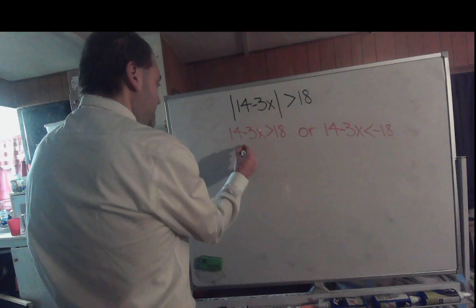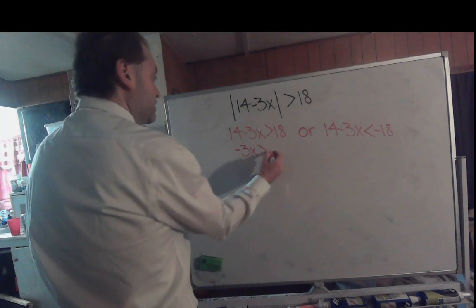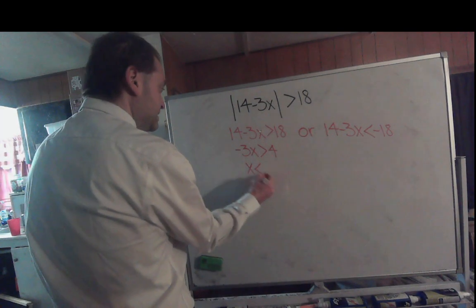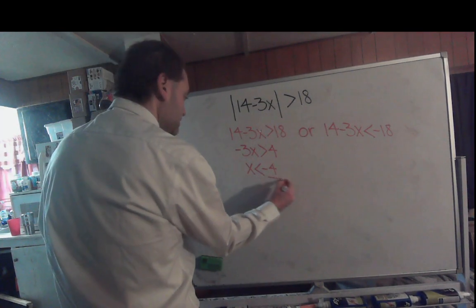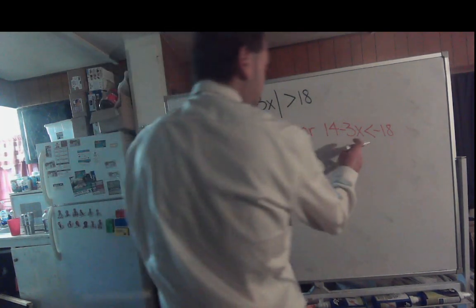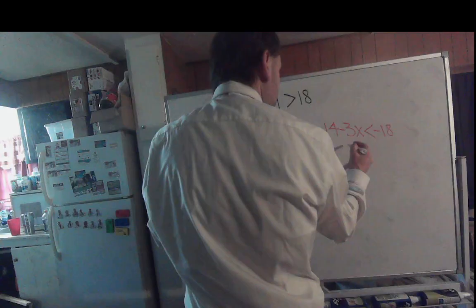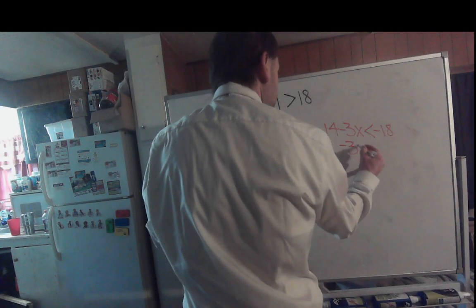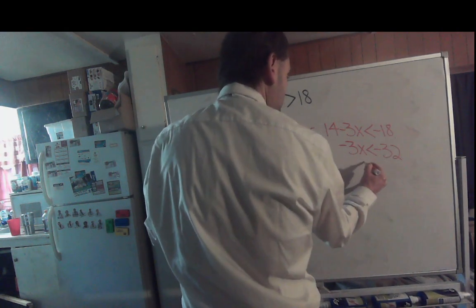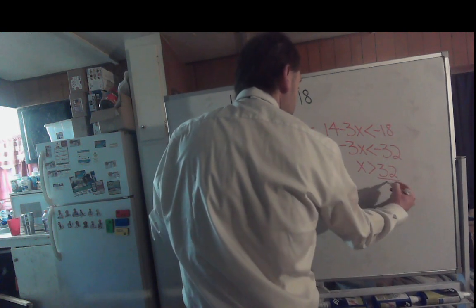You start with negative 3x is greater than 4, which would end up giving you that x is less than negative 4/3. And then come over here, 14 minus 3x is less than negative 18. So you'd end up having negative 3x is less than negative 32, which would end up giving you x is greater than 32/3.